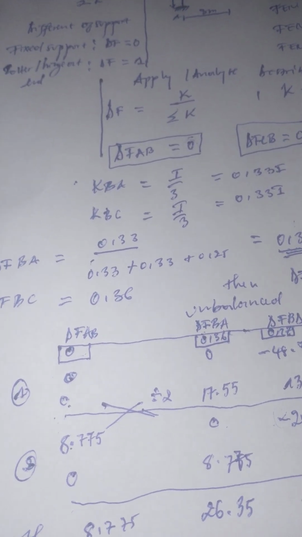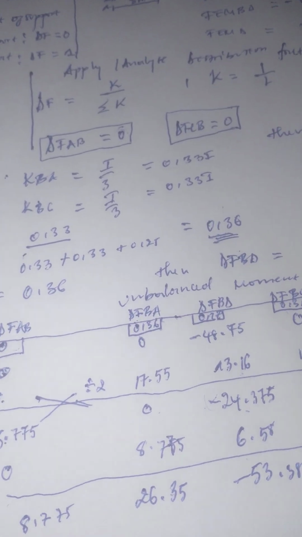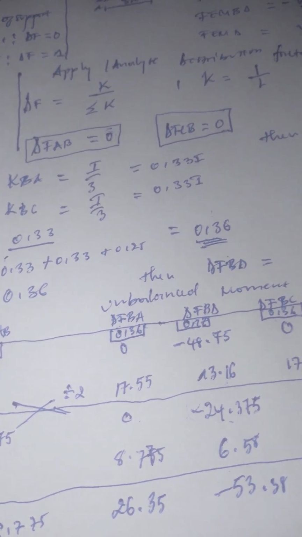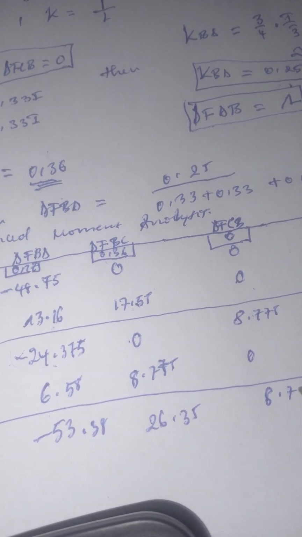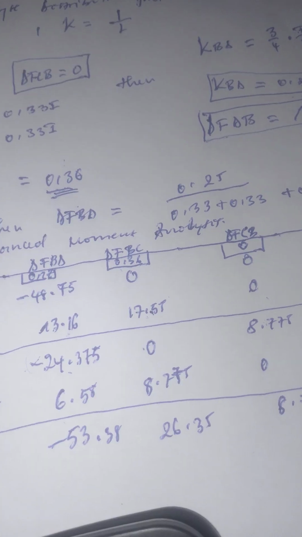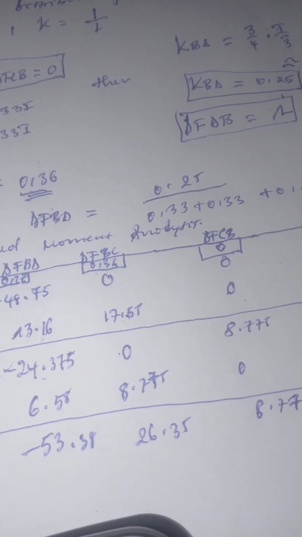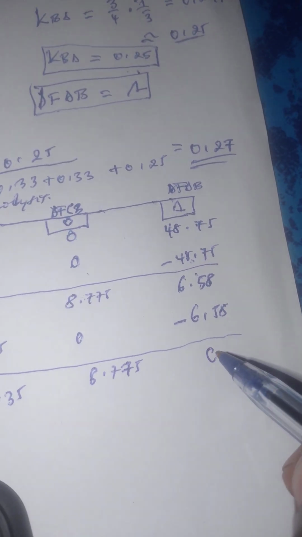Then here is the same as here, is equal to 26.35. And now here is equal to 8.775, and this here is equal to 0.